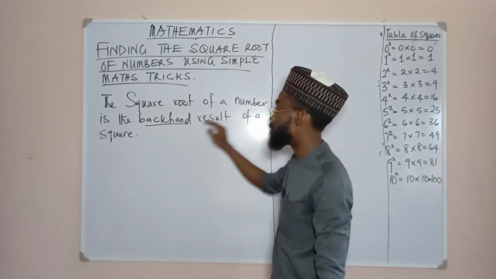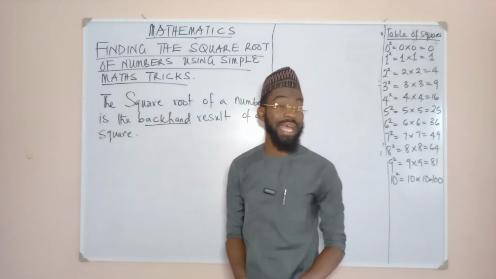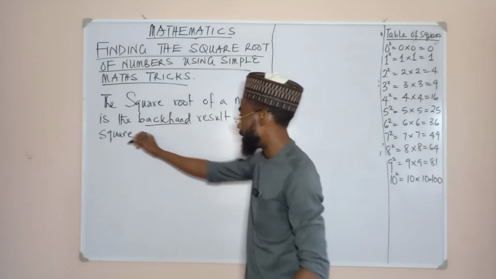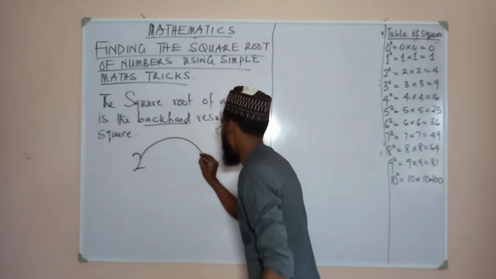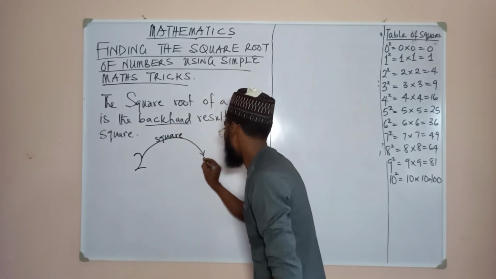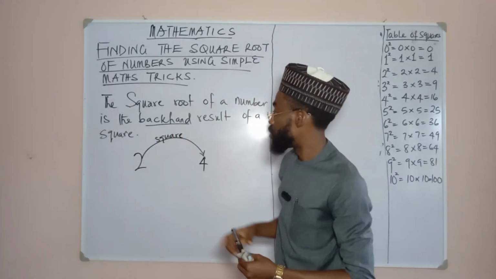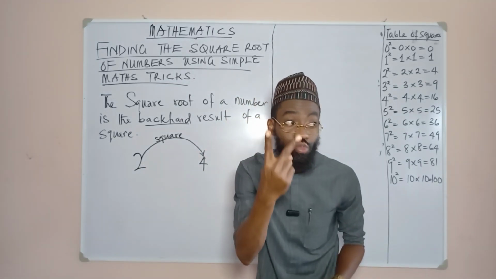The square root of a number is the backhand result of a square. What do we mean by the backhand result? This means that if 2 squared gives us 4, to get back that number, we will multiply 2 times.